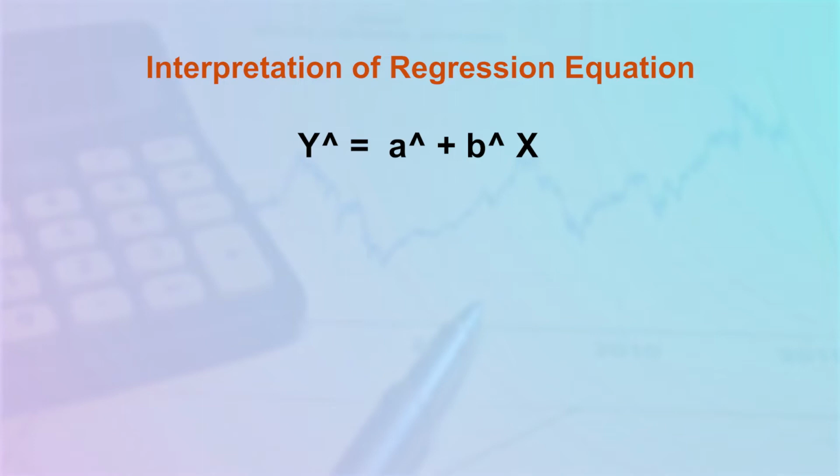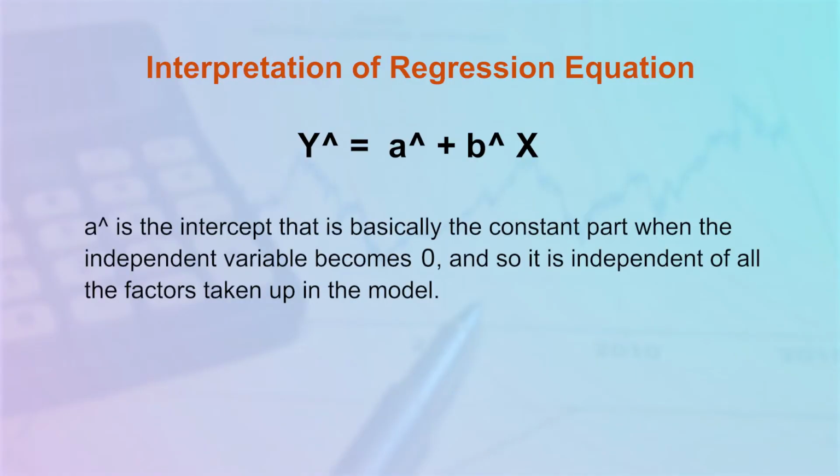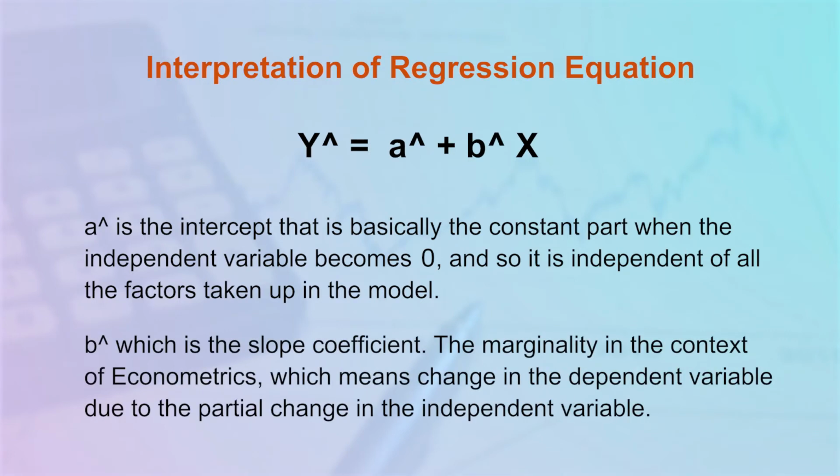X is the independent variable. If we go by the interpretation of this regression model, a hat is the intercept, that is basically the constant part when the independent variable becomes 0, and so it is independent of all the factors taken up in the model. Secondly, we have b hat, which is the slope coefficient.